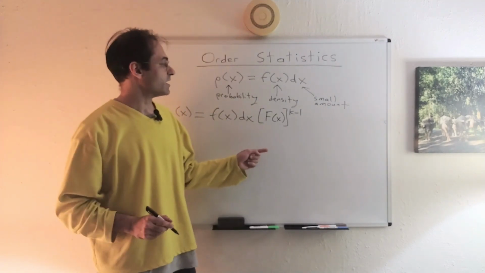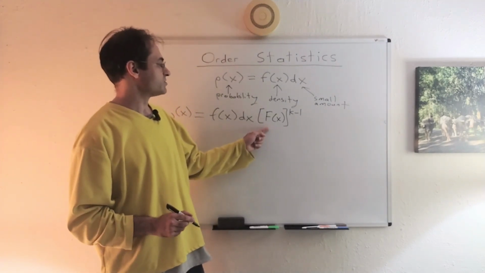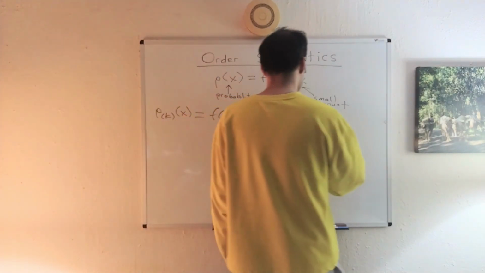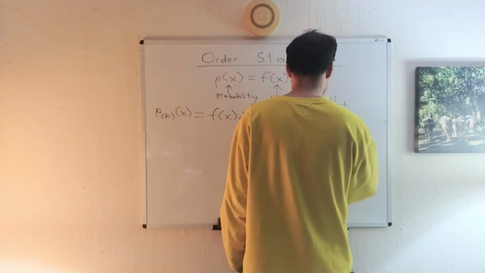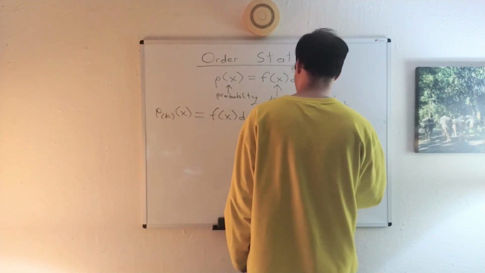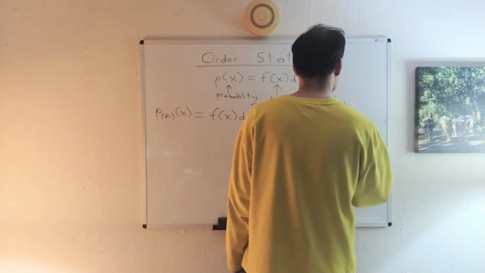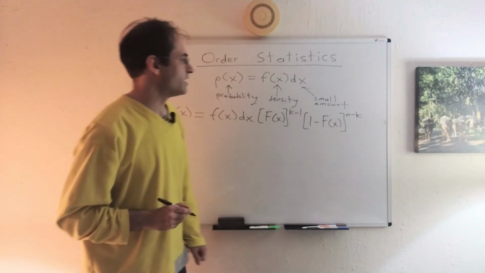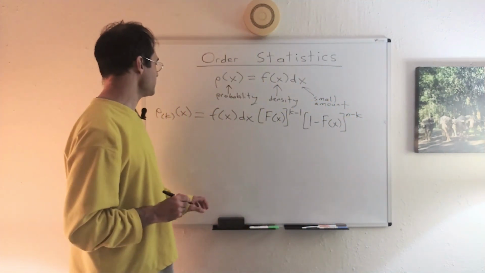To get greater than x, we just take the complement here, 1 minus F of x, and that's raised to the n minus k.